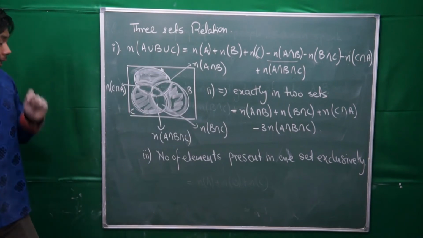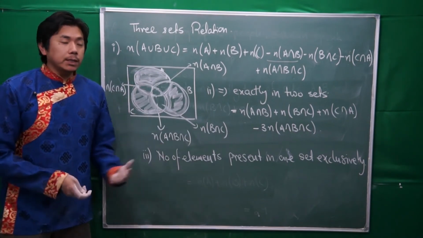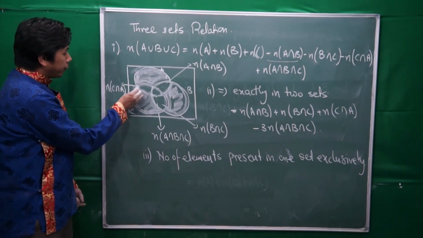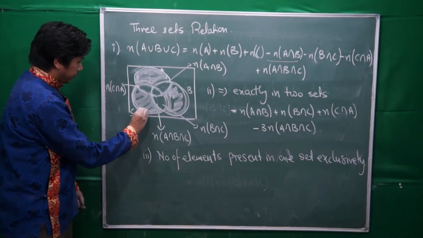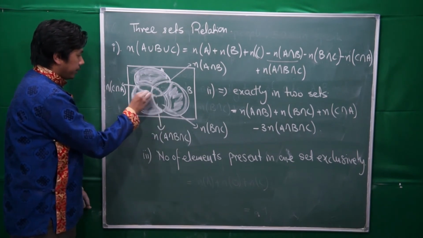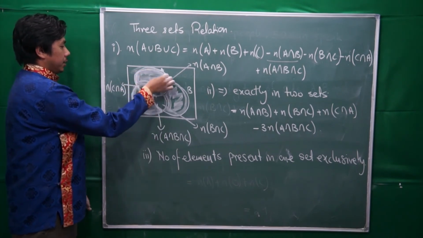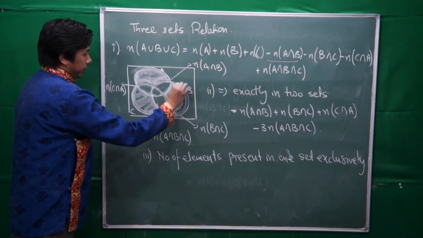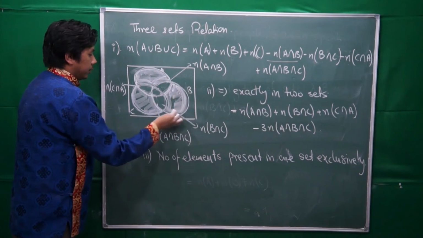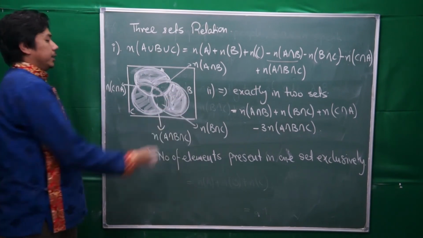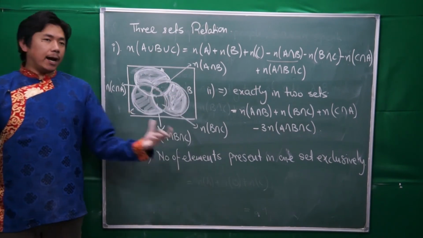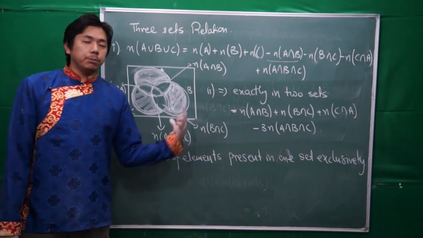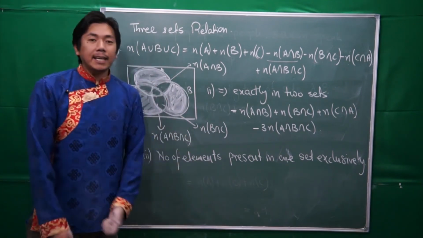So to find the elements that are present in just one set, we need to find the number of elements present in this region, this region and the given remaining region. This is the remaining region. So these three regions when added up will give me the number of elements present in just one set exclusively.